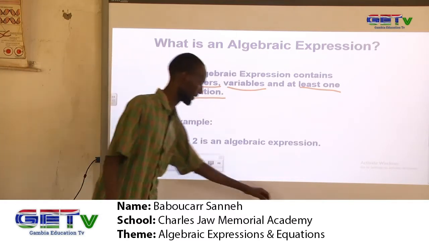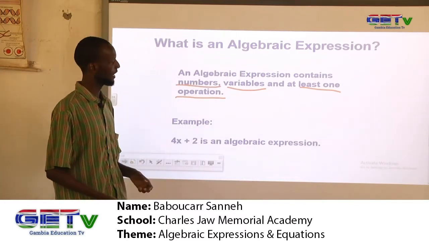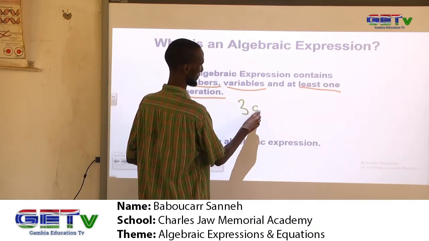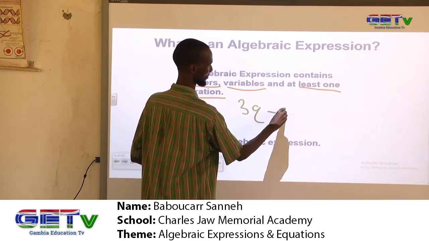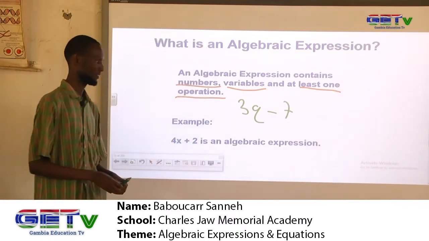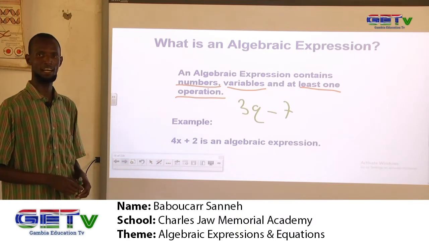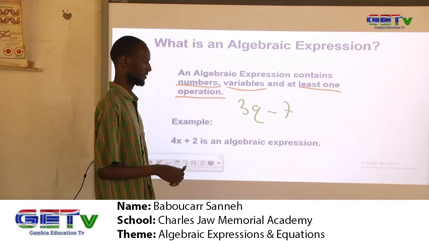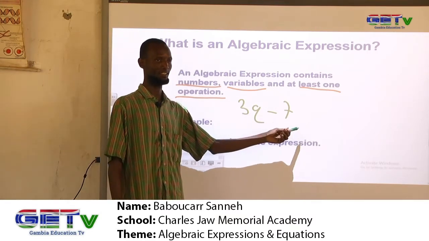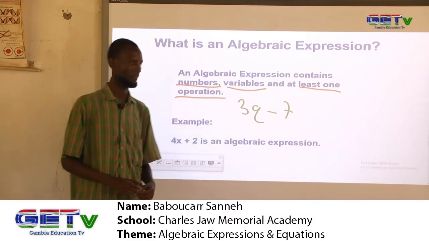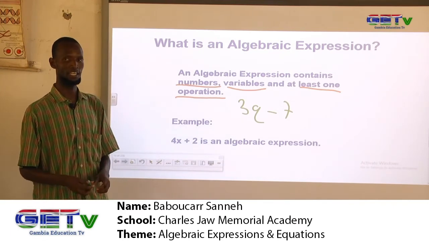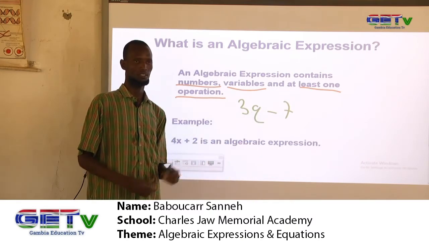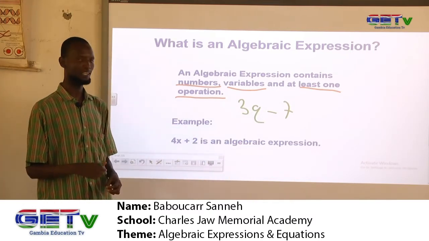Now think of another one. Let's say you have 3q minus 7. Does that qualify as an expression? Let's investigate. Do we have any numbers there? Yes, we do. Do we have any variable there? Yes, there's a variable. Do we have any operation there?